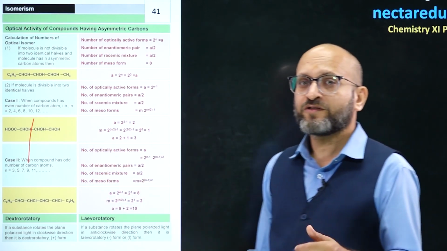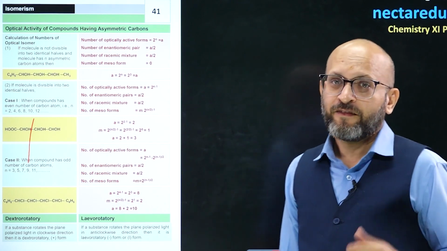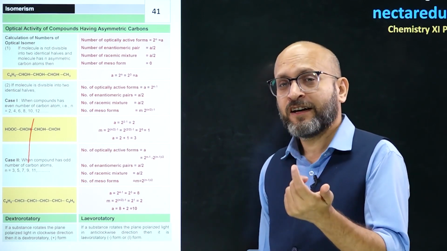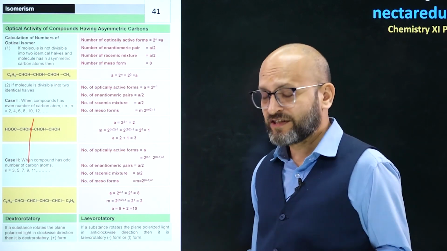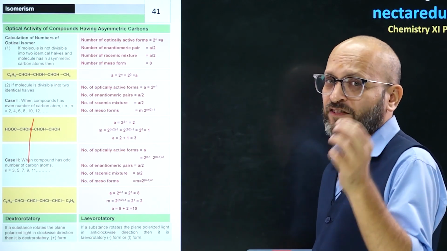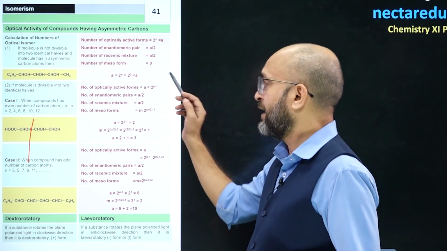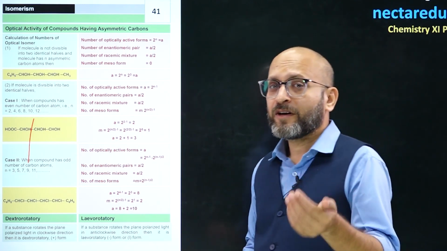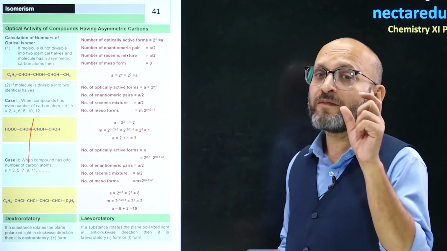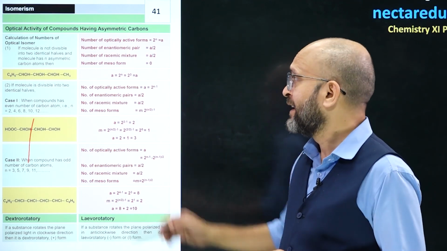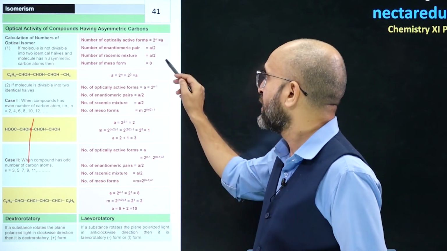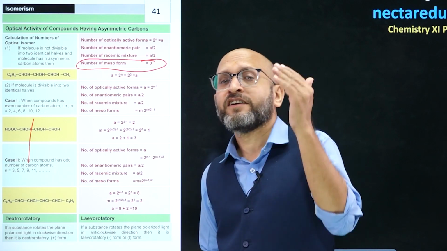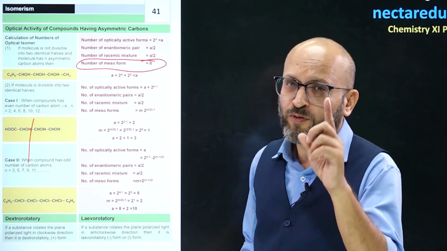For symmetrical molecules, we have a separate set of formulas. If the number is even, you have a formula which says that the number of optically active compounds equals A, that is 2 to the power n minus 1. In an unsymmetrical molecule, the number of mesomers was 0, because there is no plane of symmetry, so no mesomer.